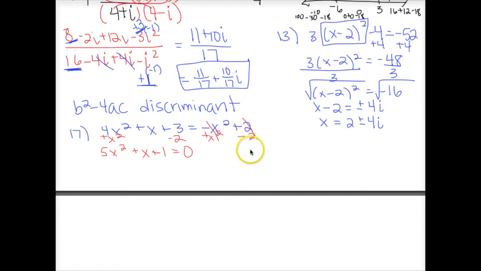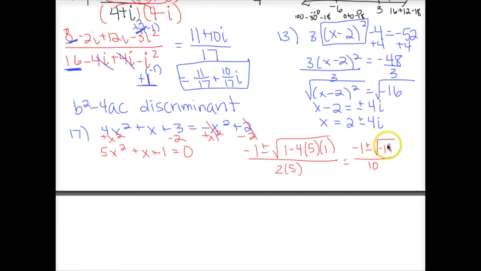So then it's opposite of b, plus or minus square root b squared minus 4 times a times c, all divided by 2 times a. So simplifying this, 4 times 5 times 1 is 20, so 1 minus 20 is negative 19.